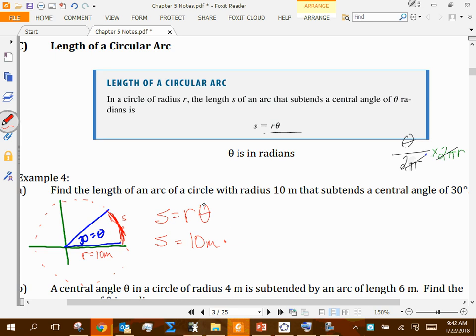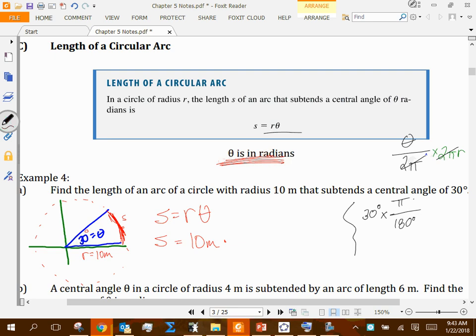And now, theta is that angle, right? And what is our angle measurement in right now? Degrees. But the formula says it should be radians, right? So we need to go to the side. We need to take our 30 degrees and do what we did last week and convert that into radians.